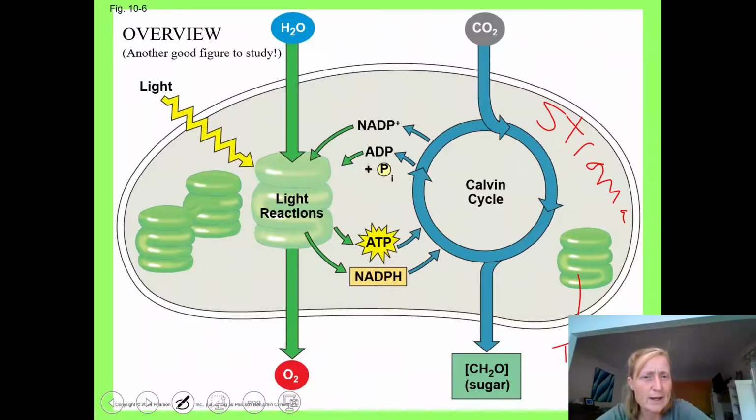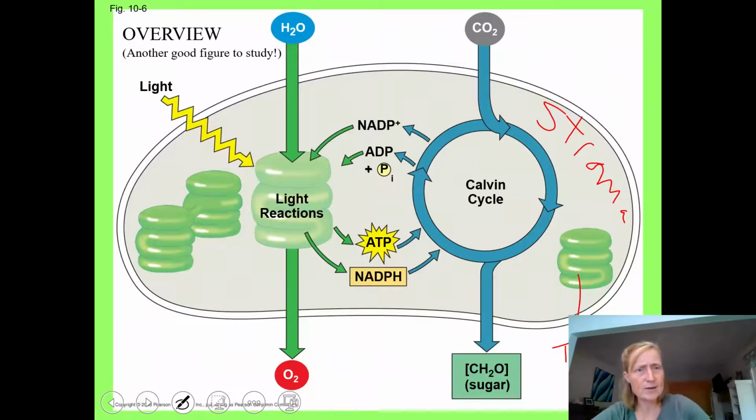Okay? What I see right away is that it looks like photosynthesis is divided into two phases, if you will, the light reactions and the Calvin cycle. The light reactions seem to be happening in the thylakoid sacs. The Calvin cycle seems to be happening out there in the stroma. And let me think.